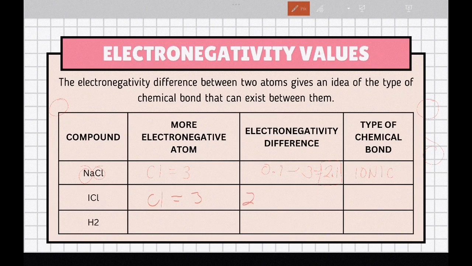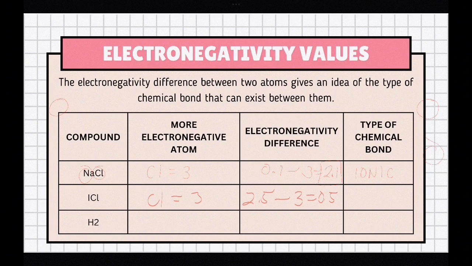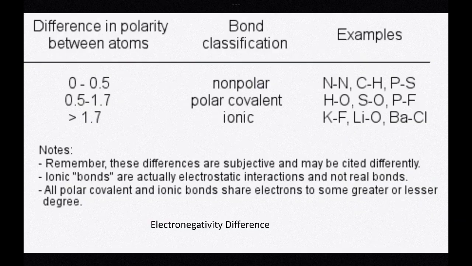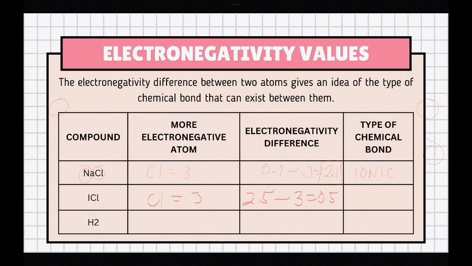So 2.5 from iodine, we subtract it from 3, the electronegativity of chlorine. So their difference will be 0.5. So we go back again in our chart. We have a 0.5, iodine chlorine, and chlorine has a greater one. So definitely we consider it as polar.